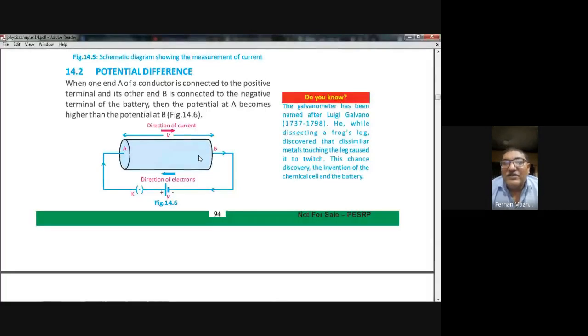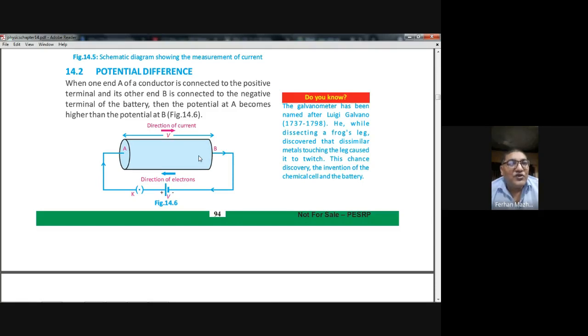That's why, if you touch both the terminals of the cell, you don't get an electric shock because the energy is very low, 1.5 volt only. But if you touch the 220 volt, oh my, you will get an electric shock.